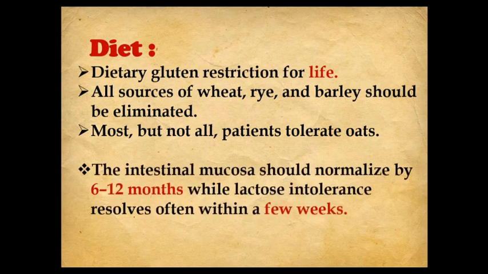So, what are the changes that happen after removal of gluten from the diet? The intestinal mucosa should normalize by 6 to 12 months, while lactose intolerance often resolves within a few weeks. Can we follow our patient diagnosed with celiac disease by serological tests?